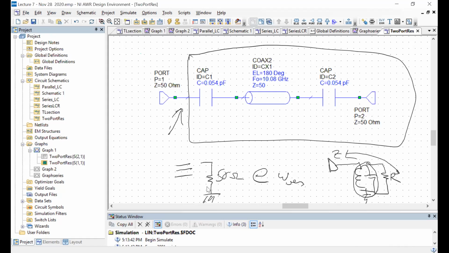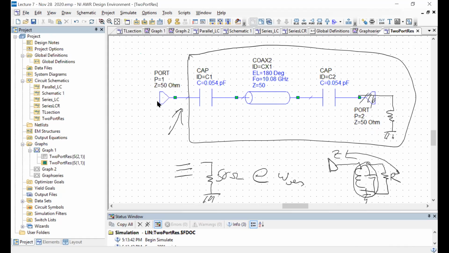So what it looks like is that this entire circuit here, which is this section of λ/2 transmission line and the coupling capacitors and this 50 ohm port, because remember now that from the perspective of the 50 ohm port 1 here, this can just be replaced as a 50 ohm termination.